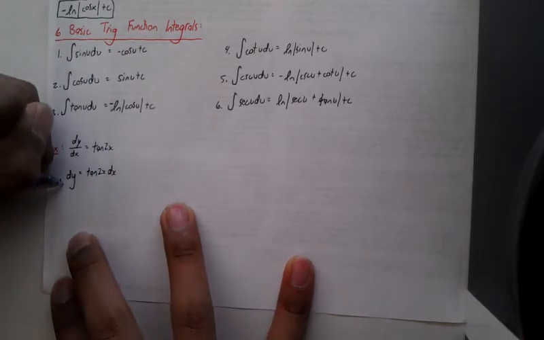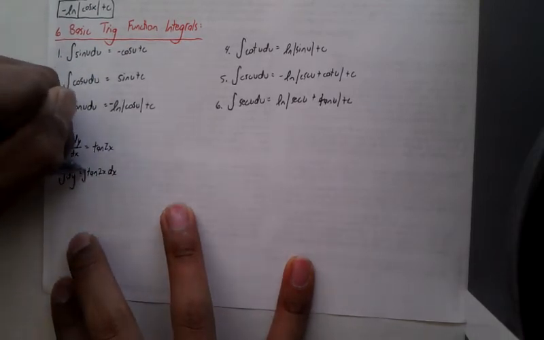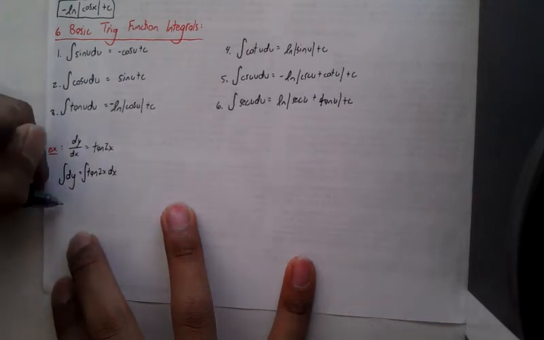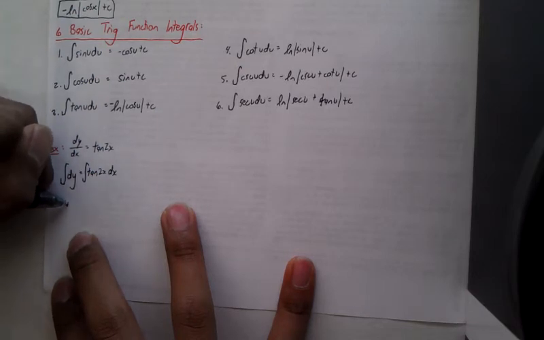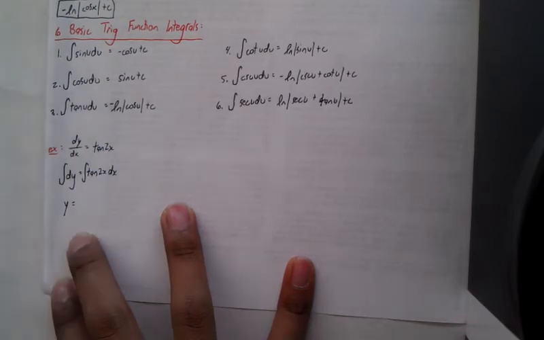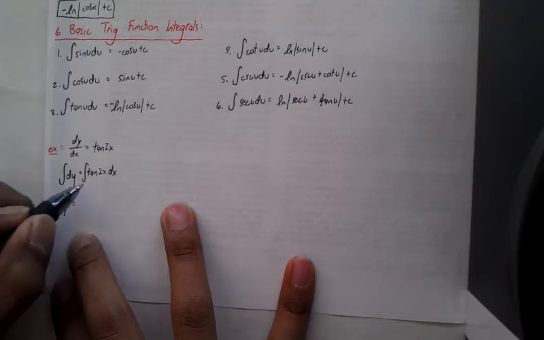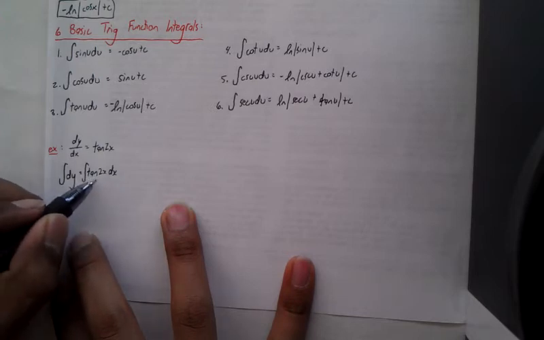So now we can integrate both sides. The integral cancels with the derivative, so we just get y on this side equals, and then for this one we've got tangent of 2x dx.